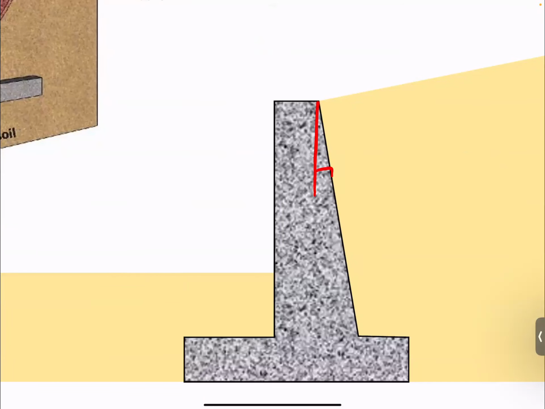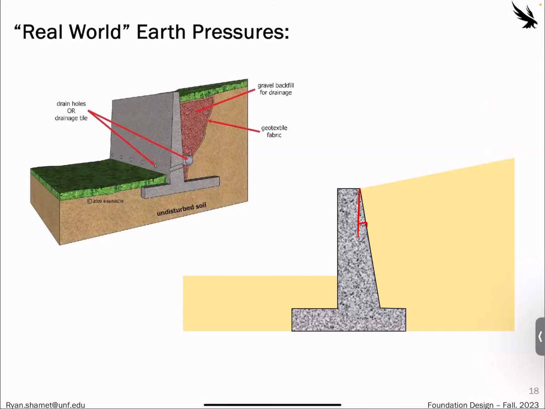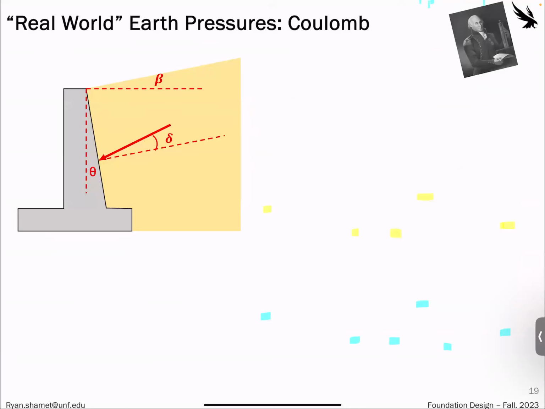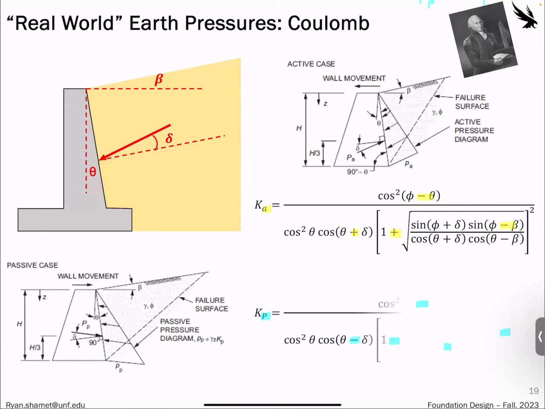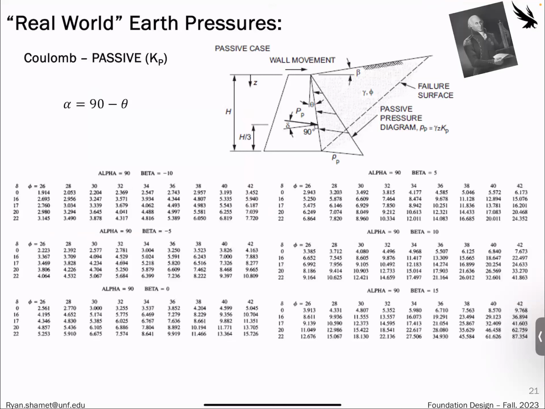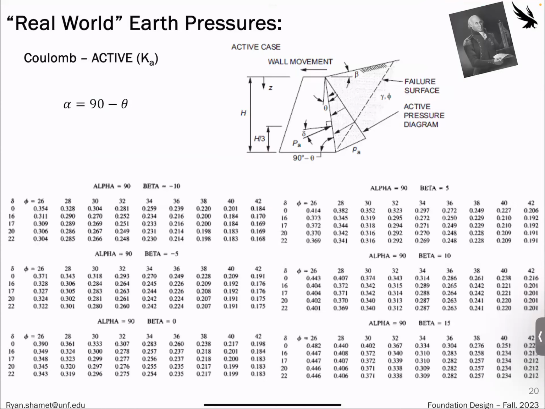And then we also have the consideration of soil-structure interaction, the granular material of the soil interacting with the roughness or the material of the wall itself. Coulomb used all of the different backfills and all these tables.